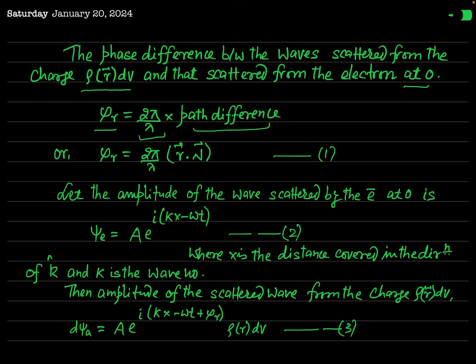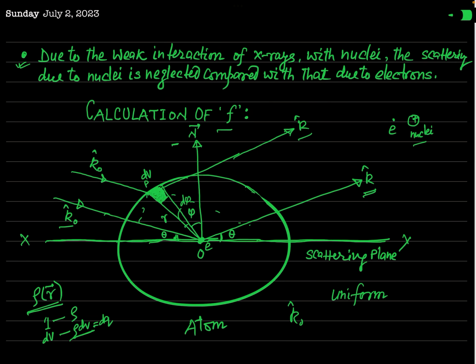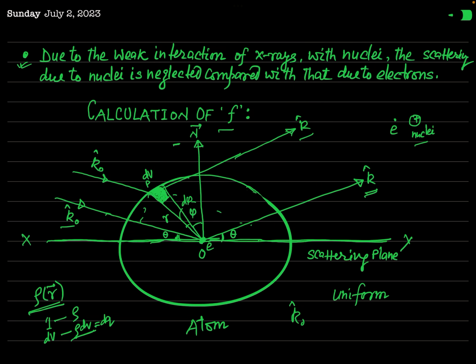Okay? And as is evident from the geometry of the figure, and you have also learnt about this in my lecture on the Lagrange equation, this path difference is equal to r dot n. You can see this is your vector r, I have shown in that figure, and this is your vector n, and the angle between these two vectors is phi. This angle is phi.